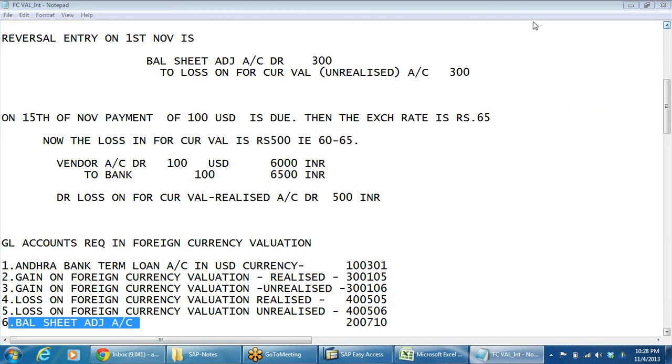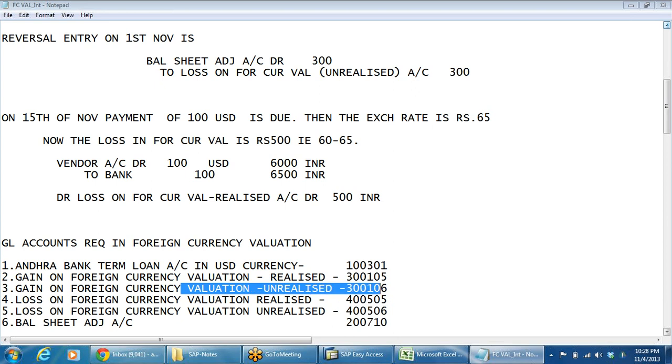Okay. So anyhow, let us create a GL account. Gain on foreign currency valuation.